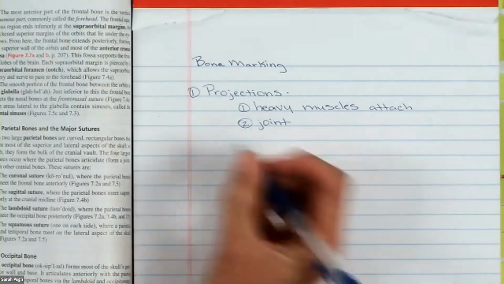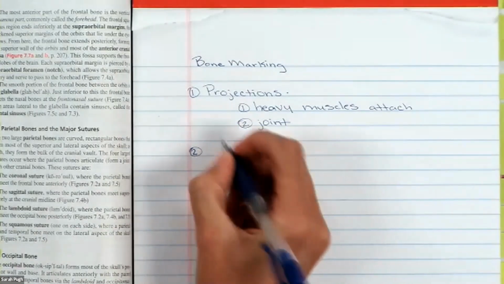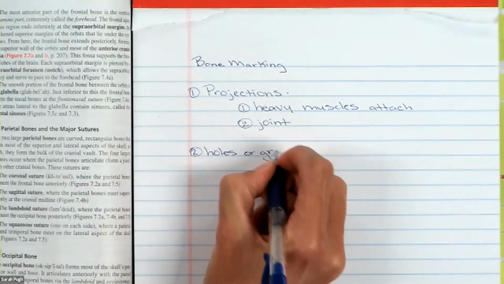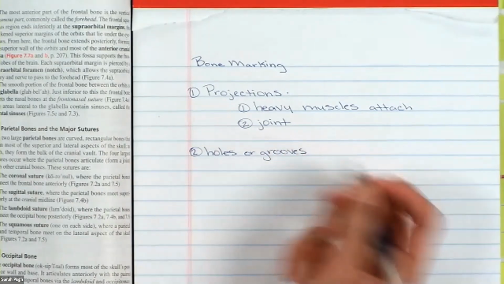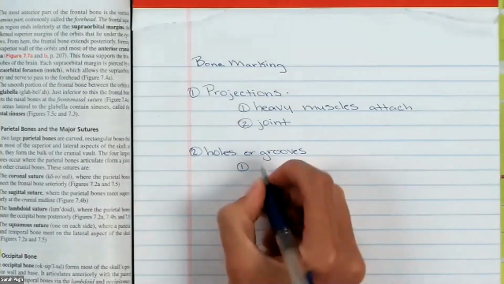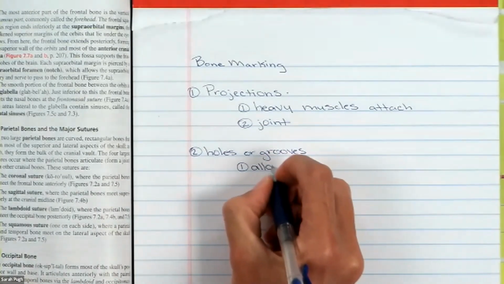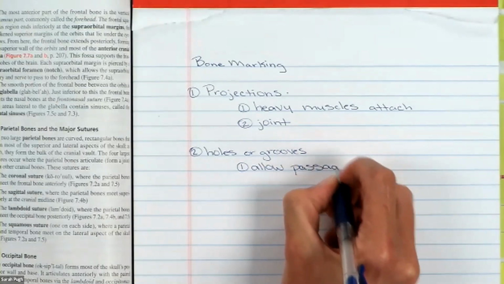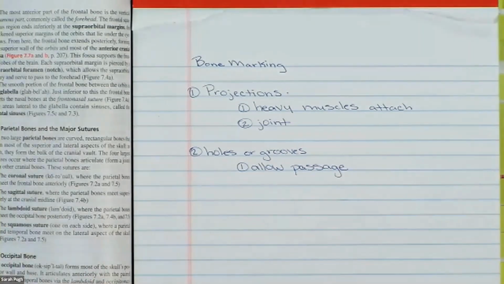The other type of bone markings that we have are holes or grooves. And these are here always for one reason. These just allow things to pass. They're basically passageways. They allow blood vessels and nerves to pass if they're a hole.